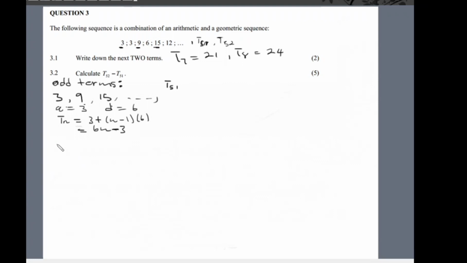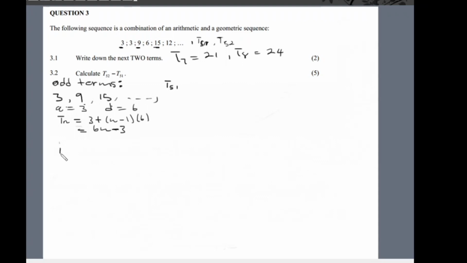So to find that, notice that the positions of this arithmetic sequence are the positions of the terms of the arithmetic sequence in that original sequence.